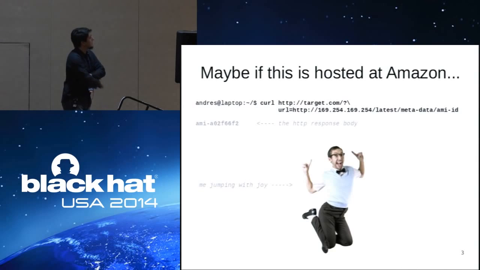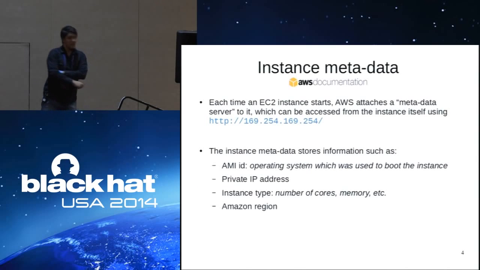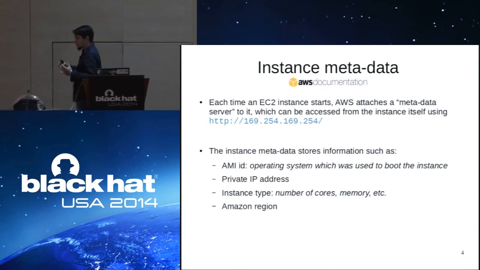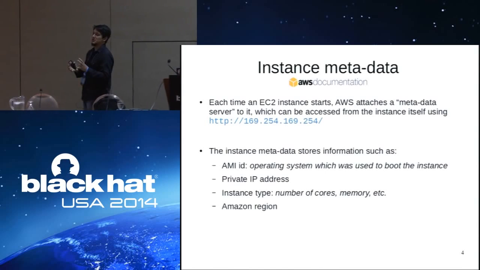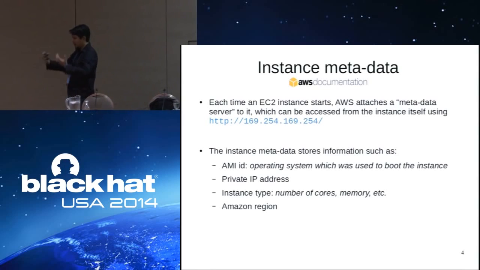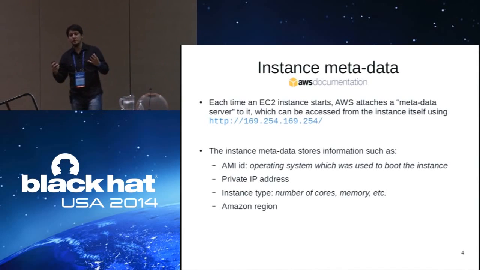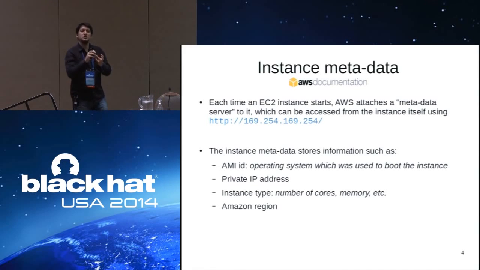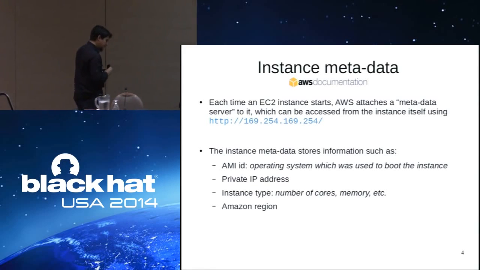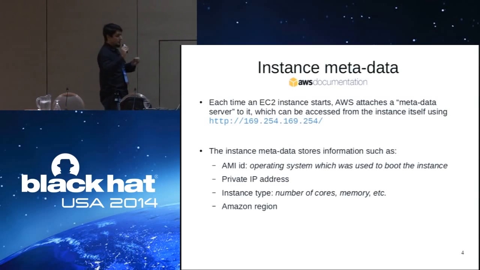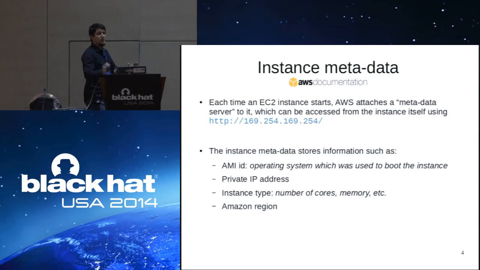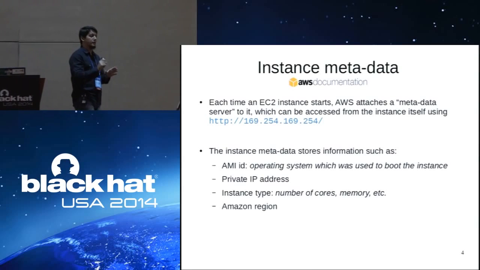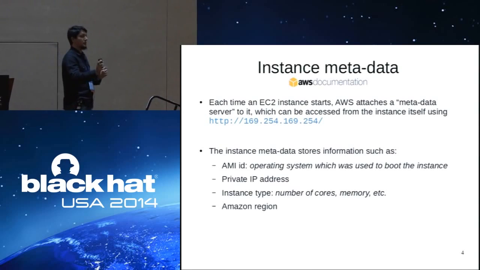So that IP address is the instance metadata. When you start any EC2 instance in Amazon, you're going to have an EC2 metadata server attached to that instance. It's simply listening on that IP address, and each EC2 instance has that same IP address.